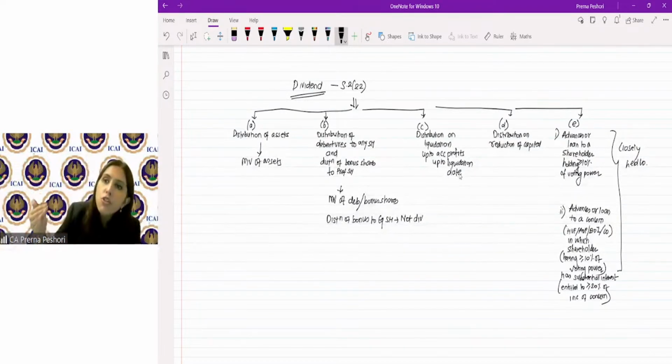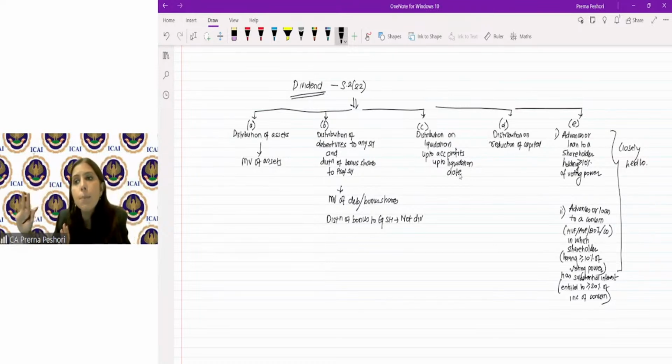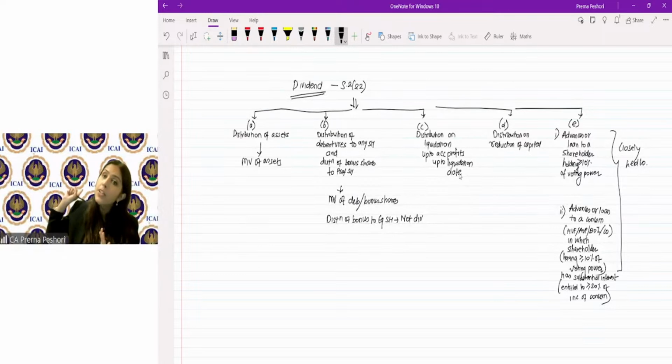So any distribution of capital asset after the date of liquidation, that is towards the repayment of capital and that is not deemed dividend. Only to the extent of the accumulated profits, this is deemed dividend. So after the date of liquidation, whatever the accumulated profits are, that is towards the repayment of capital, and that is specifically charged in the 46.2. So here you can write refer 46.2.